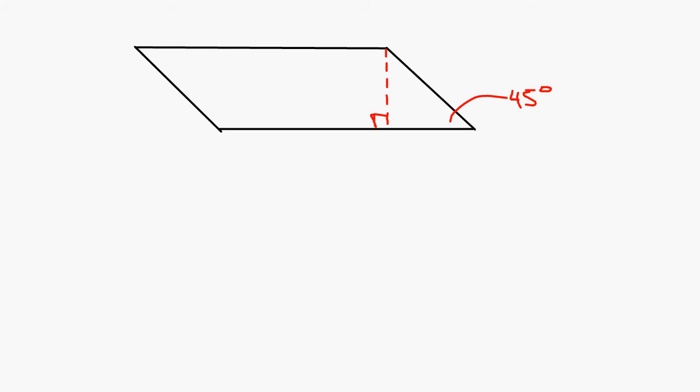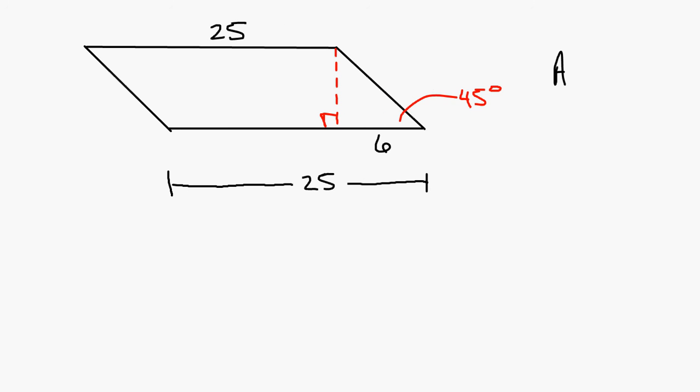We've got a 25 up top and a 6 right here. So if this top is 25, then this bottom is also 25. In this case, you're missing the height to find the area, and you're missing this leg right here, or this hypotenuse, to find the perimeter.